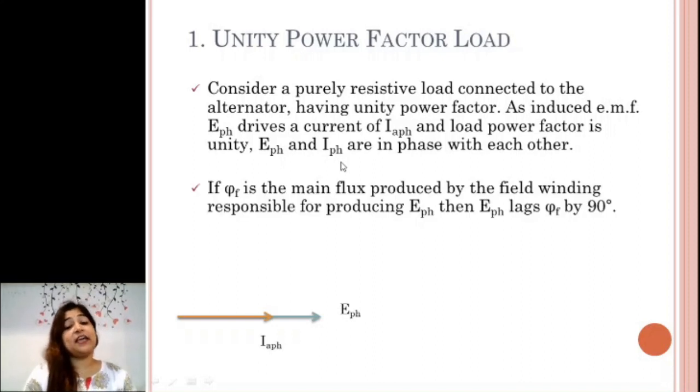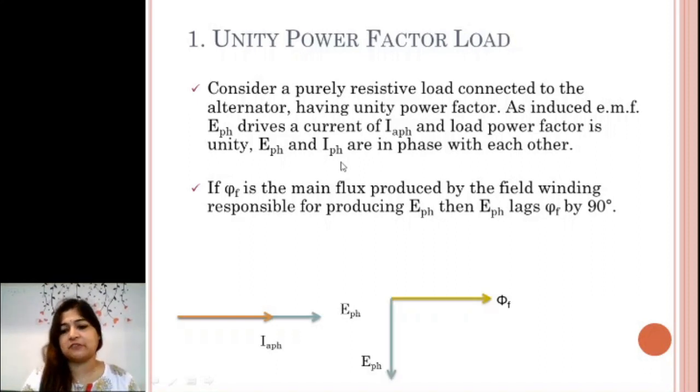Now, if phi f is the main flux produced because of the field winding, it is responsible for the induced EMF, right? So always remember that the phase difference between flux and the EMF which is produced because of the flux is 90 degrees. Induced EMF always lags flux by 90 degrees, right?